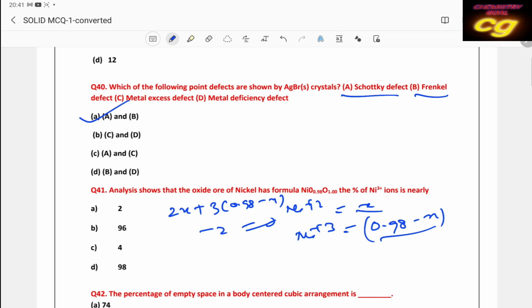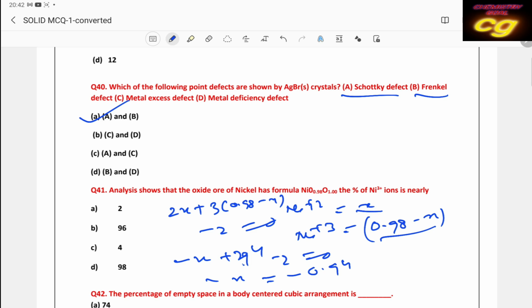If you solve it, 2x minus 3x is minus x, then 2.94 minus 2 is equal to 0. So minus x is equal to minus 0.94.